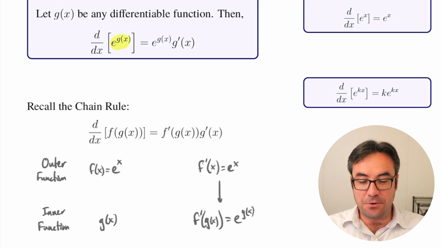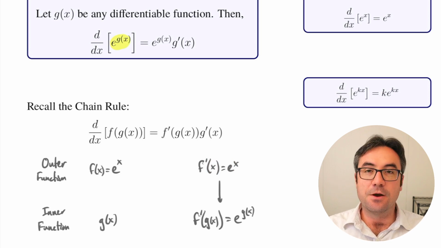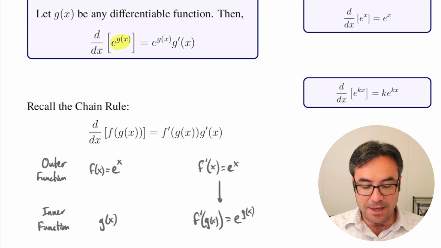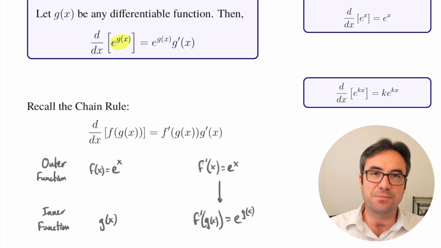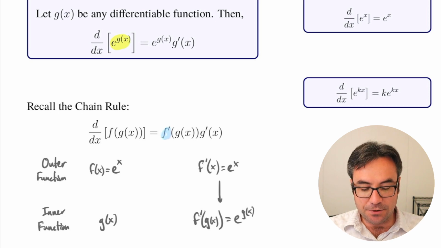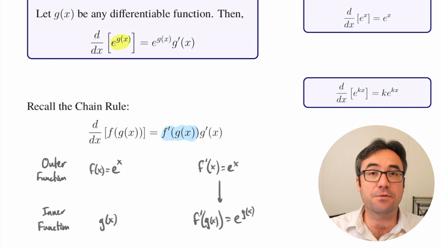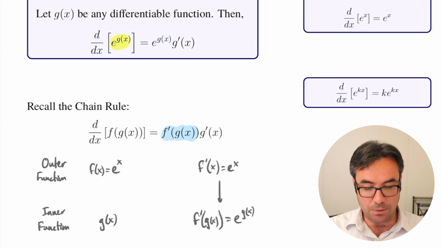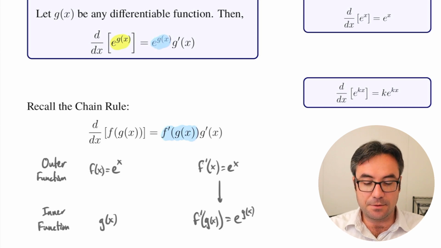All right, so when we're looking at this, the chain rule works in kind of two things that get multiplied together. There's the derivative of the outer function with the inner function plugged in, and that's what we just calculated.